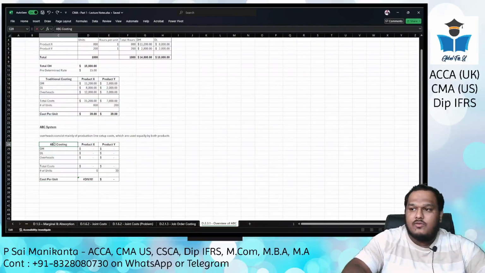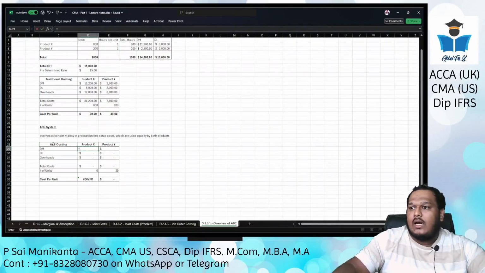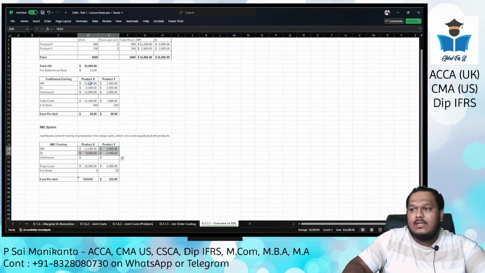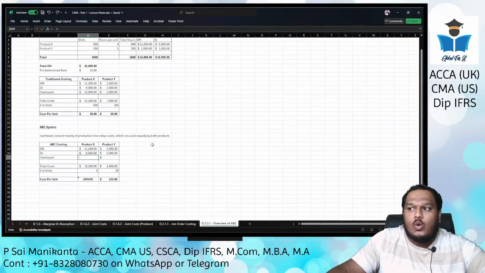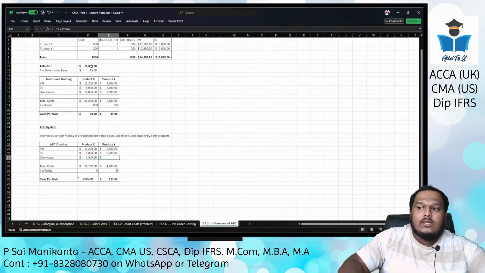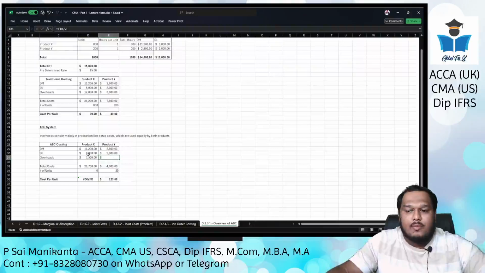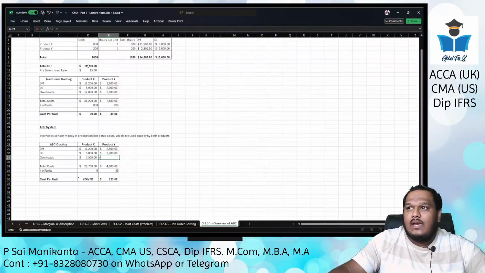Traditional costing will be now called ABC, and direct material, direct labor will remain the same, no changes. Now overhead cost, since it is equally allocated for both the products, I'll just take the total overheads and divide it by 2. So usually it will be much more comprehensive than that. It won't be like this. Okay, I'll show you, don't worry.